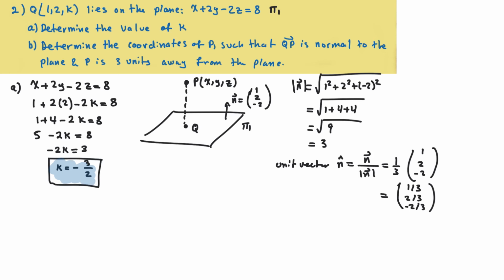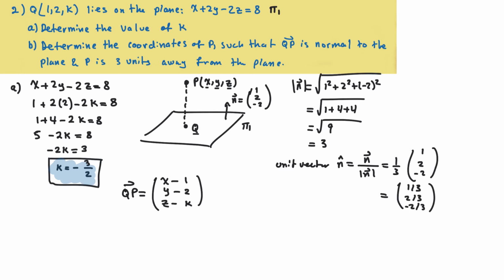Now we want to figure out vector QP and use the idea that 3 times the unit vector n is equal to QP. First of all, QP is going to be the coordinate points for point P, which are x, y, and z, subtracted by the coordinates of point Q, which are 1, 2, and k.